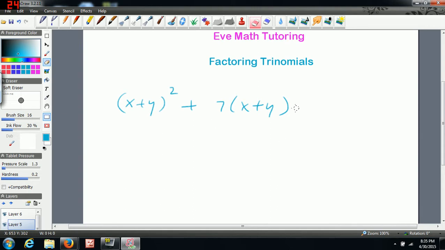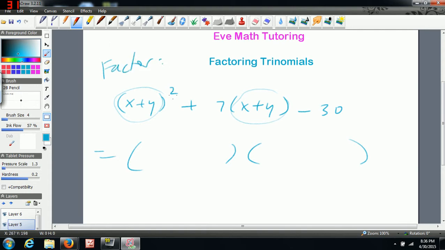And plus, in this part we have -30. Now in this case, as you see this here, you could just think of that as your x. So when you factor this trinomial, you're going to have x plus y in here. So that's going to be x plus y.